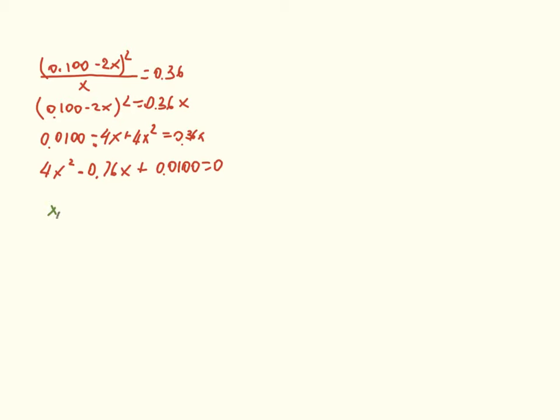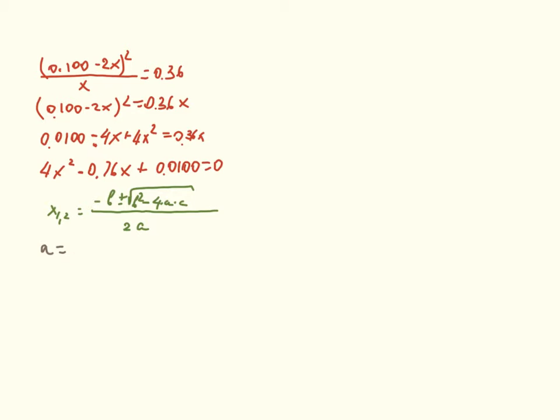So x for both roots will be found by this formula: minus b plus or minus the square root of b squared minus 4 times a times c, over 2a. Let us set up what is our a, what is our b, and what is our c.